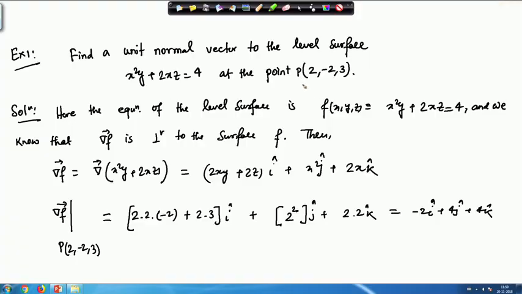You also have to make sure whether this point lies on that level surface or not, because we can do all this calculation, but always make sure that the point lies there. If I substitute, this will be -8 plus 12, which is 4. So of course, this point lies on the level surface. Before you calculate anything, make sure the given point P lies on that level surface.